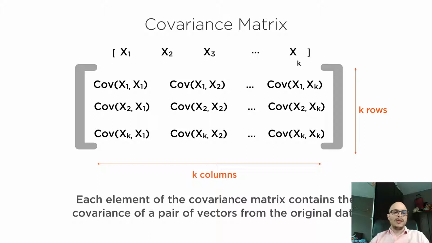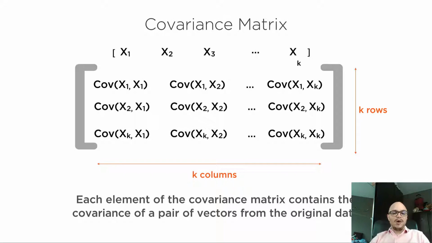There are k rows and k columns in this matrix, and every element of the covariance matrix contains the covariance of a pair of vectors. The first row of a covariance matrix corresponds to the variable x1. This contains the covariance of the first column x1 with each of the other columns, including itself.